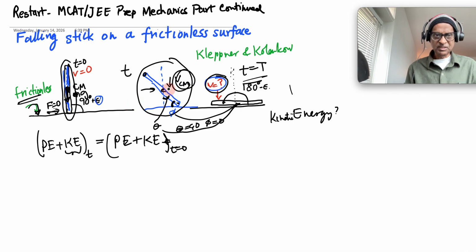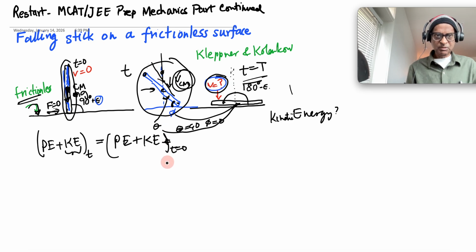So you can see the center of mass used to be here. As it's falling, over here it was like that, and a little bit later it is like that.